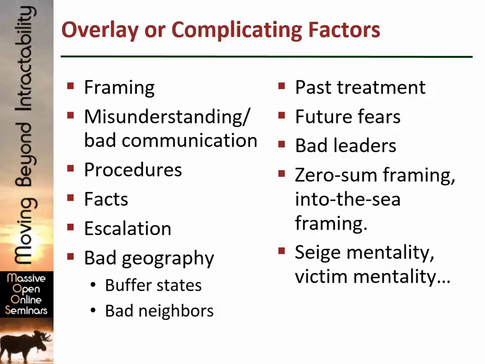Escalation. Bad geography, both buffer states, like Turkey, that is on the border between very different regions, very different cultures. That complicates all the core factors enormously. Bad neighbors, such as you have in the Middle East, makes the whole area dangerous to be in.